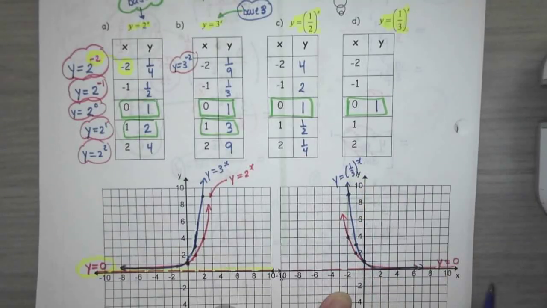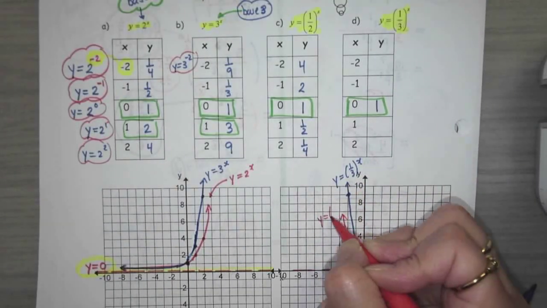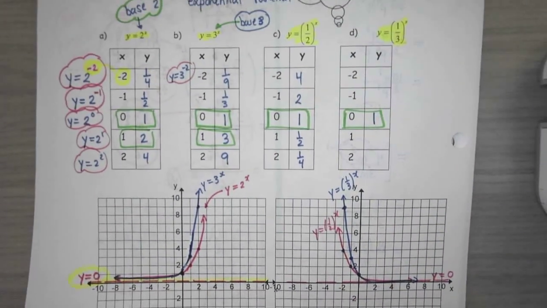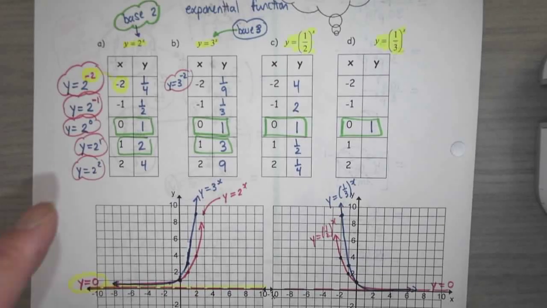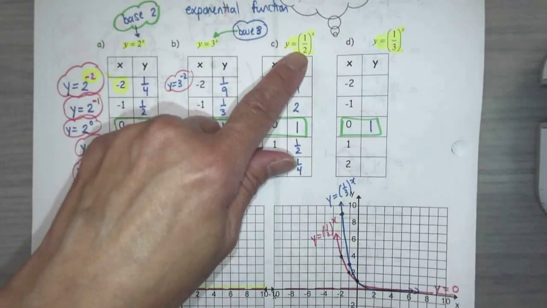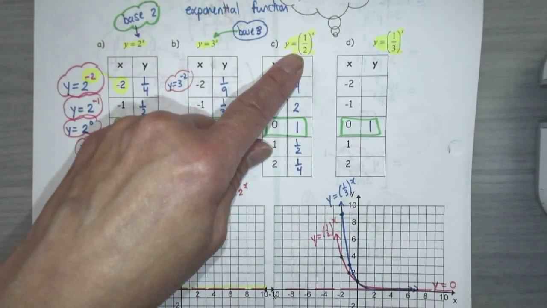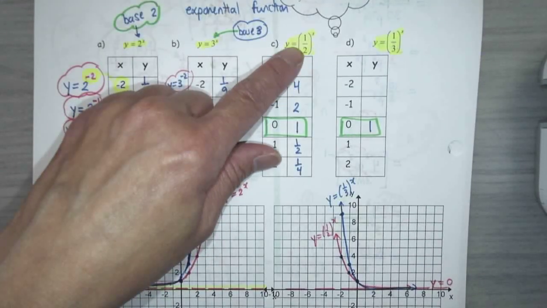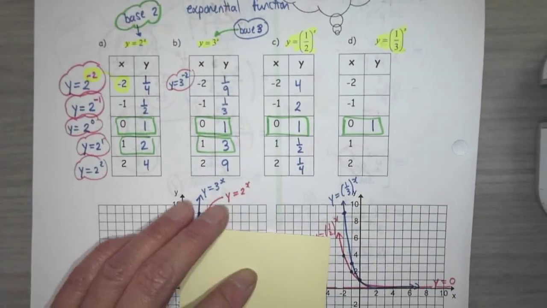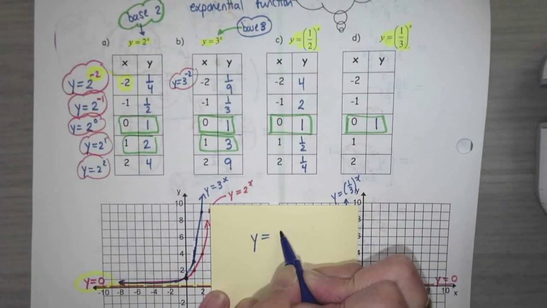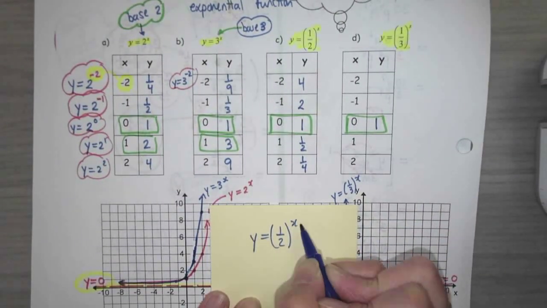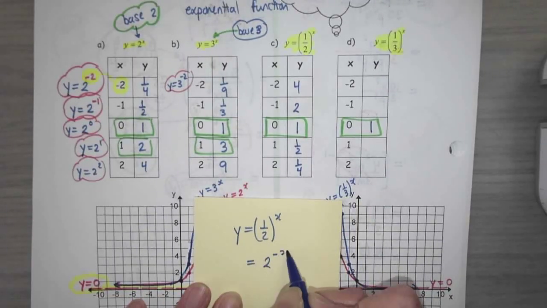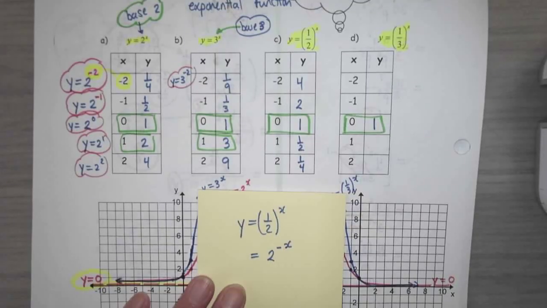So this is y equals 1/3 to the x, and this is y equals 1/2 to the x. Okay, move this down. The reason why they're exact opposites is because when you think of this, this is the same thing as 2 to the negative x.